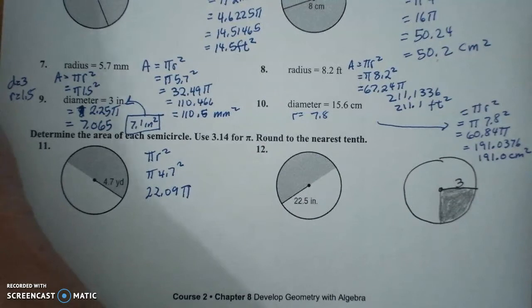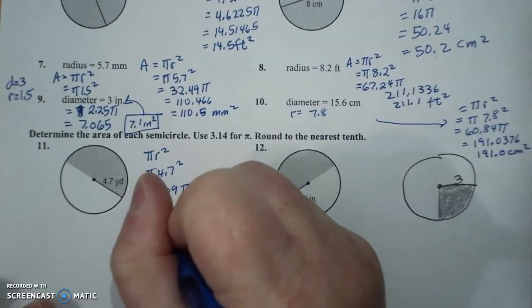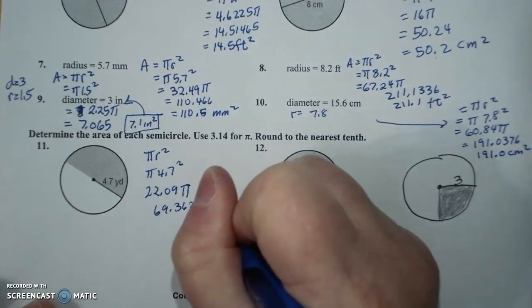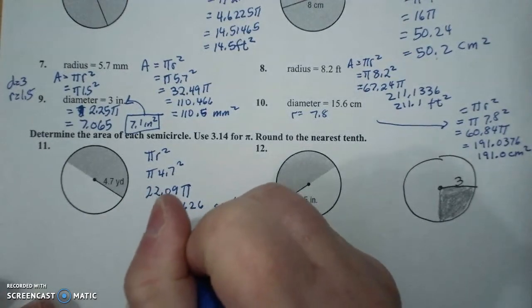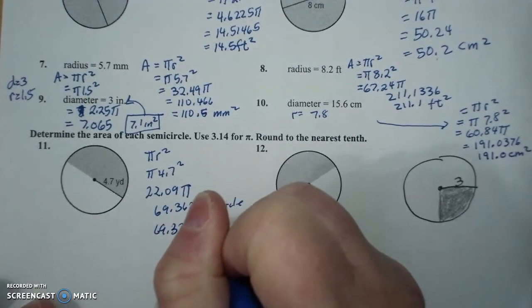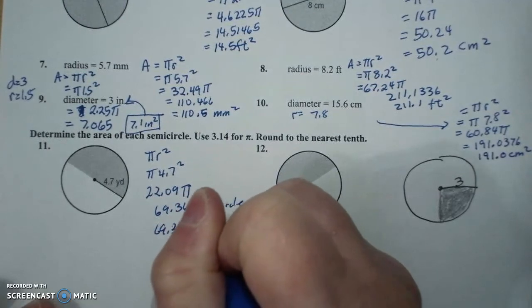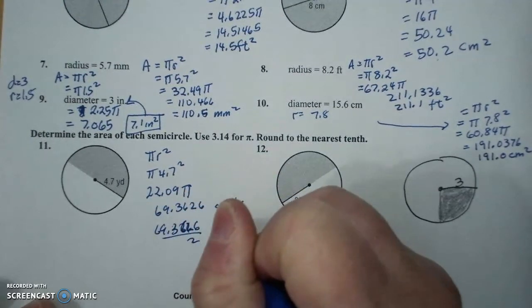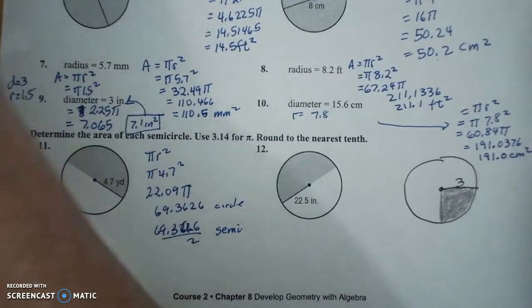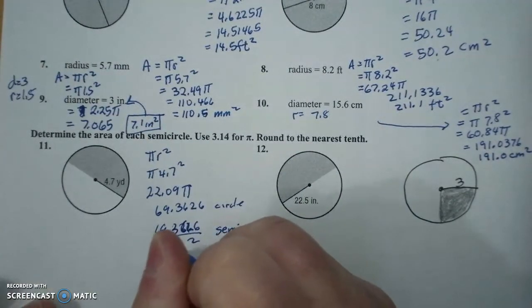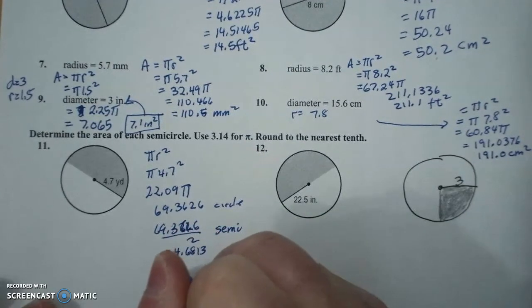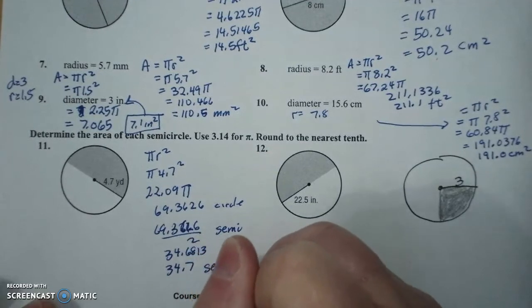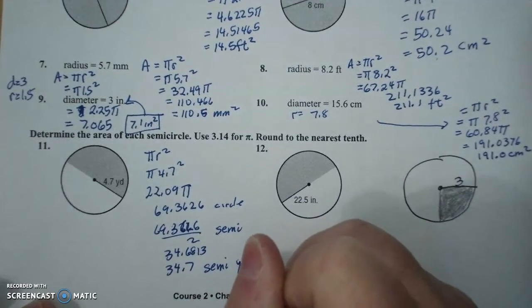Then you're going to multiply that by 3.14. That's 69.3626 circle. And then you're going to divide it by 2. And write semi. 34.6813, and then that's 34.7 semicircle yards squared.